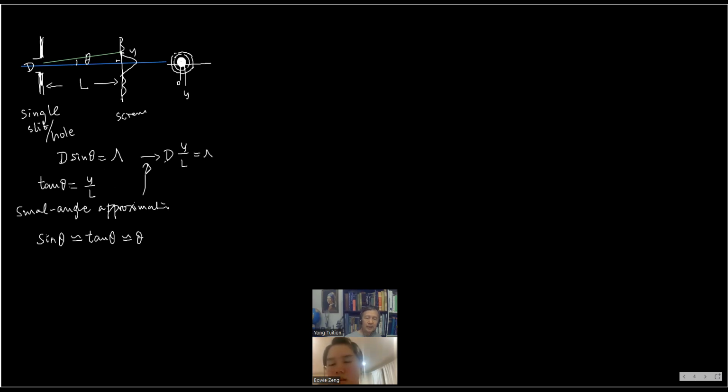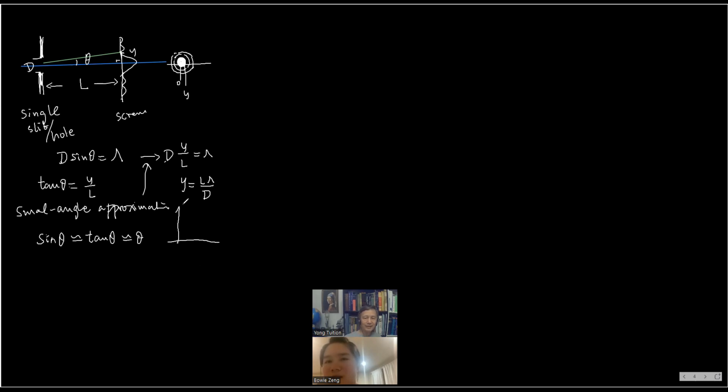So Y is equal to L lambda divided by D. Can you see that? They are inversely proportional. You can see that if D is smaller, Y will be bigger.